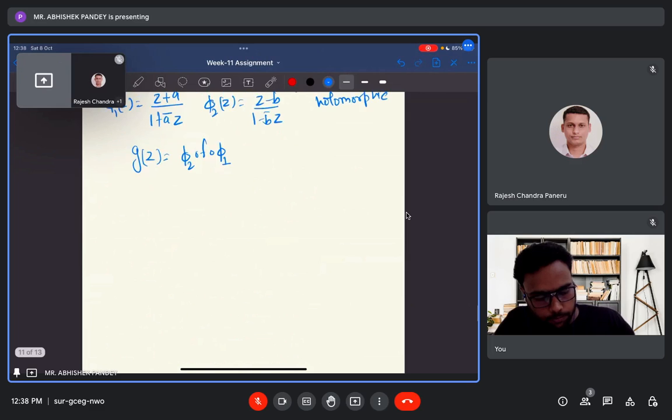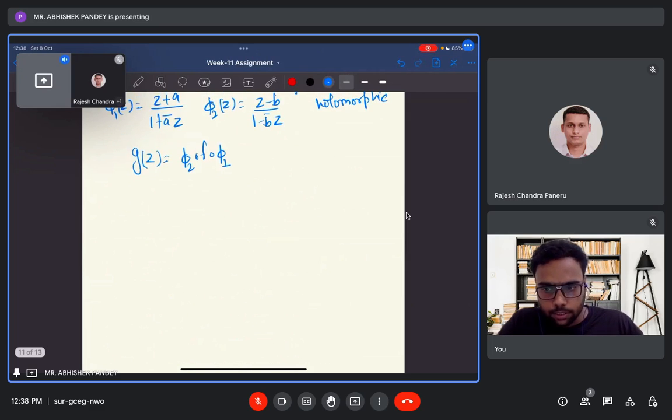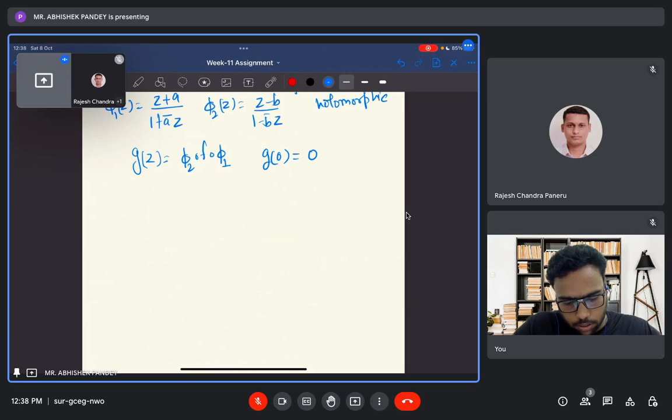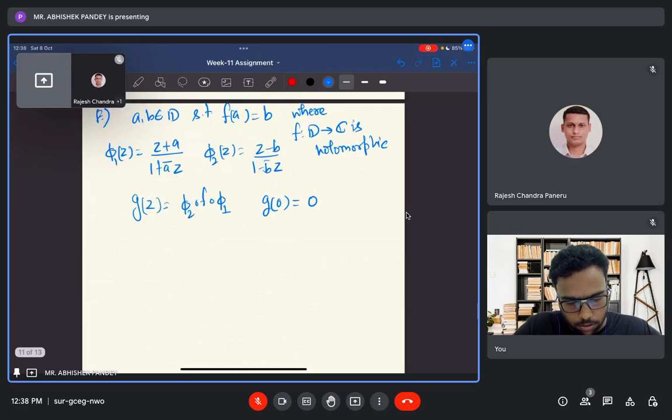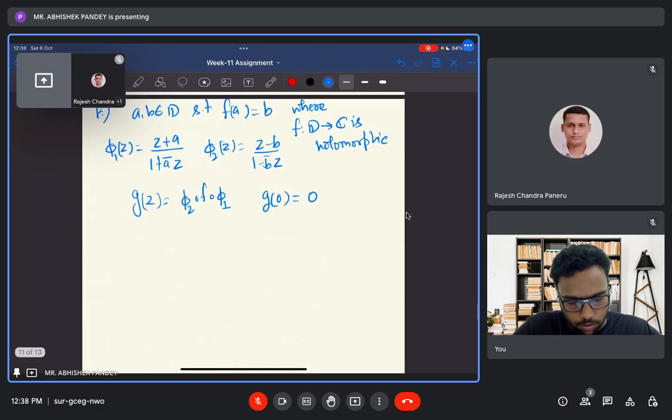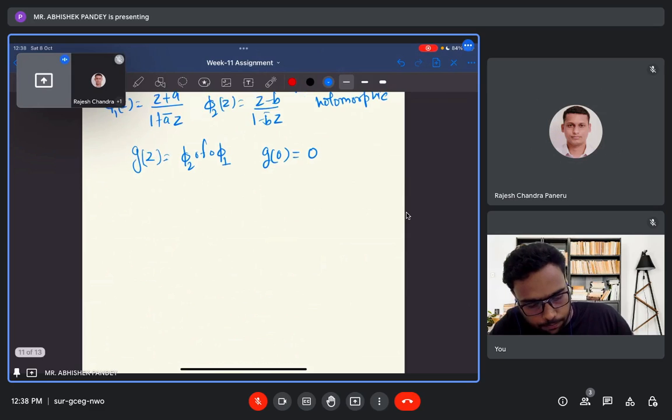Now g of 0 is 0, since phi 1 of 0 is a, f of a equals b, and phi 2 of b equals 0. Is it clear? Yes, sir. So by Schwarz lemma, modulus of g dash of 0 will be less than or equal to 1.